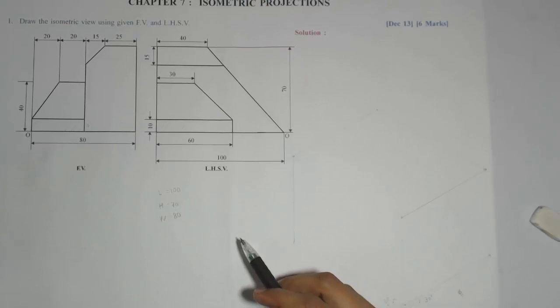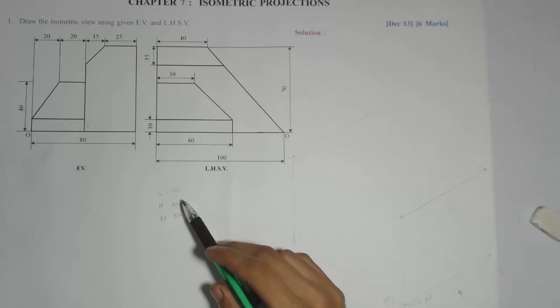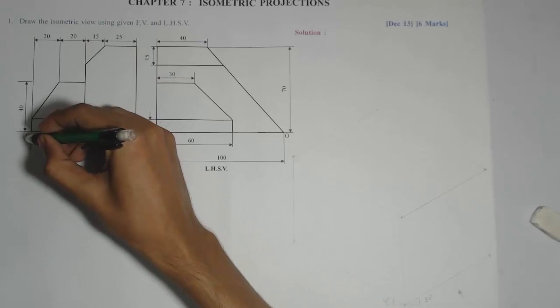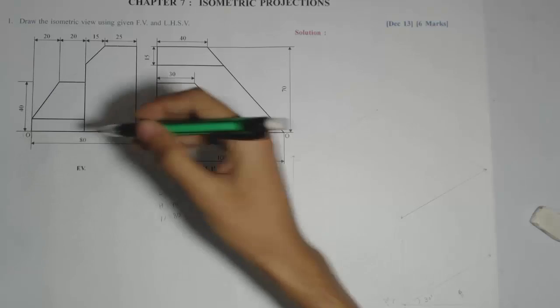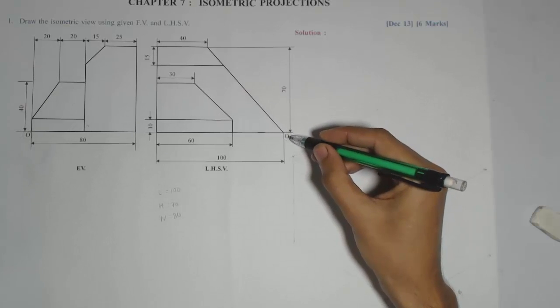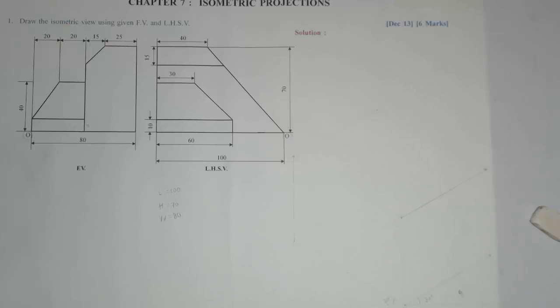Now if you see in the question, something extra data is given apart from the dimensions, that is O. What do you mean by O? In the box where you have started measuring all the angles, this 30, 90 and 30 again, that will give me the origin.